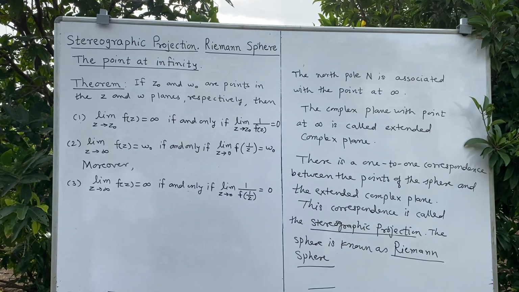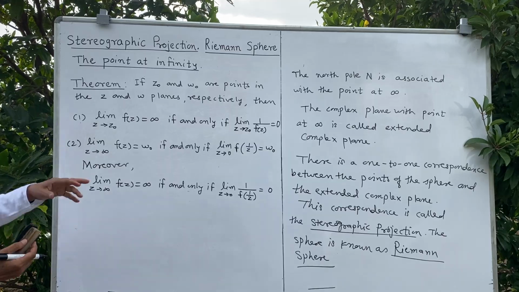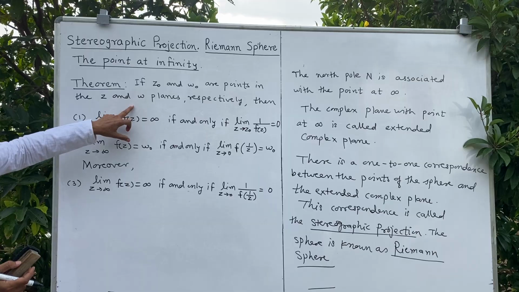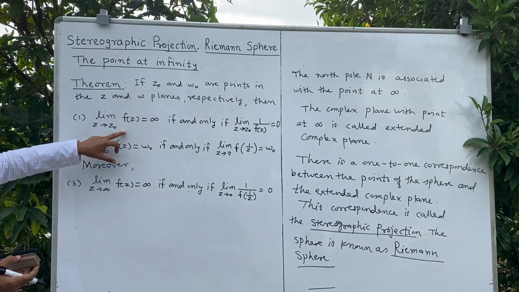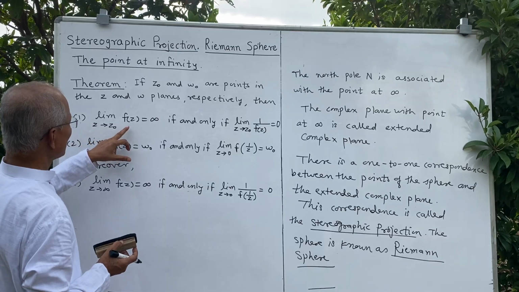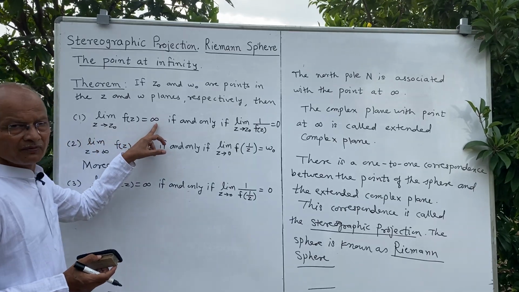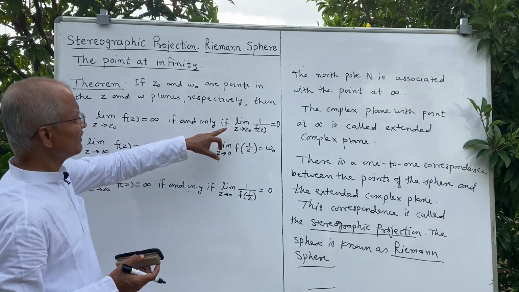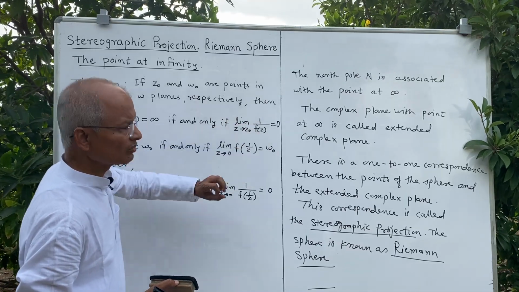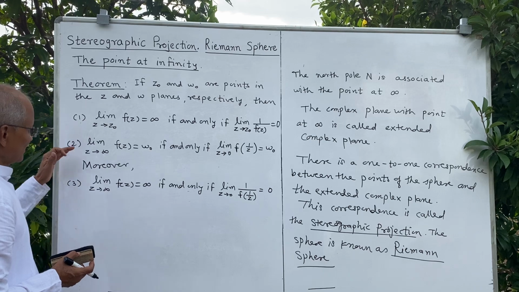I have written here a theorem: if z naught and w naught are points in the z and w planes respectively, then the first result states that limit z tends to z naught of f of z is equal to infinity if and only if limit z tends to z naught of 1 over f of z is equal to 0, and so on.